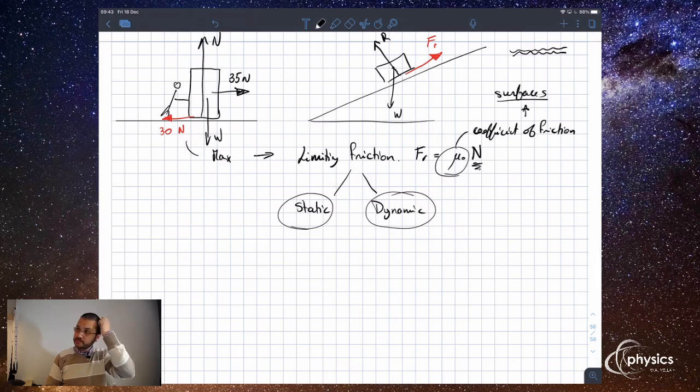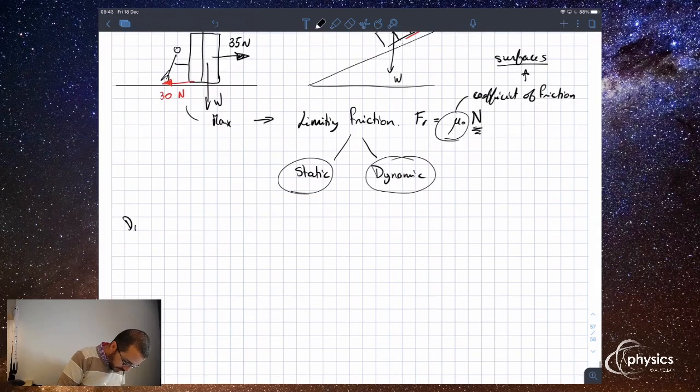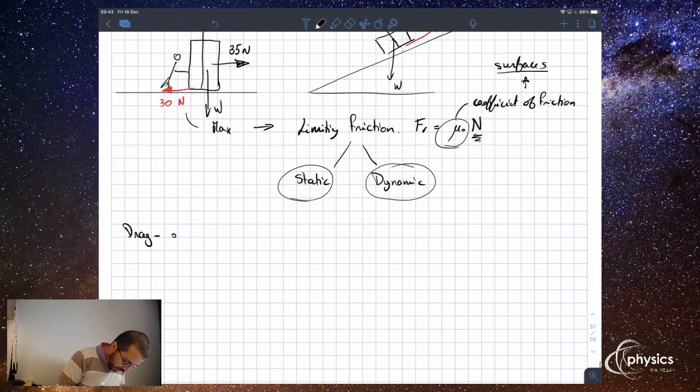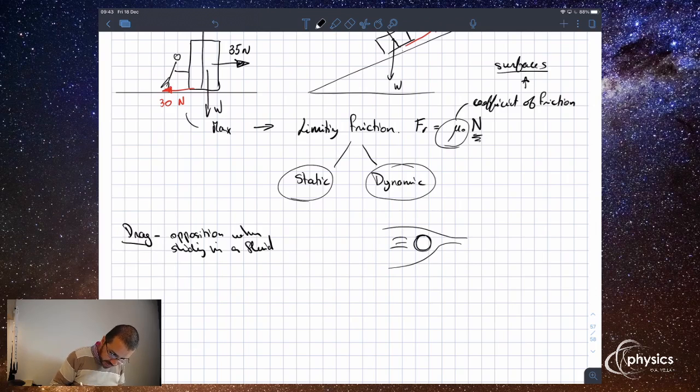Okay, so hawnhekk. The other type of friction is the drag force mbagħad. The drag force is the opposition when sliding in a fluid. So when you are moving, if you have a ball, for example, and you're moving in air, actually the ball is not sliding against a solid object, but it's sliding against the particles of the air.